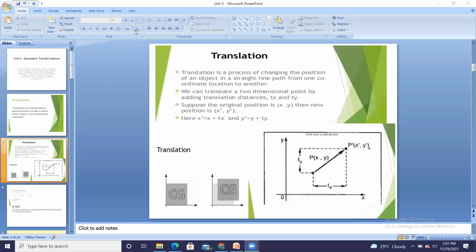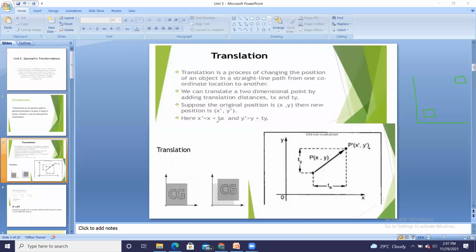If I want to shift a 2D image, which may be a rectangle, for example, this is your current rectangle and I want to shift it to some other location. So for that, I should have the relation between the original and the new coordinates. And that is done with the help of this addition.